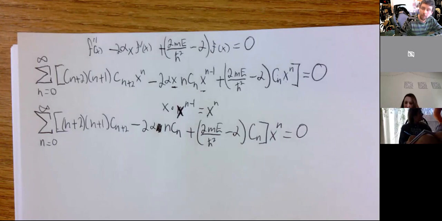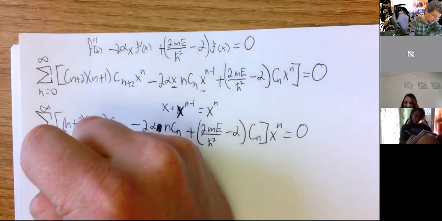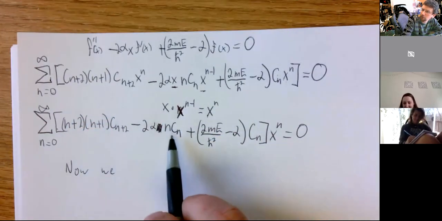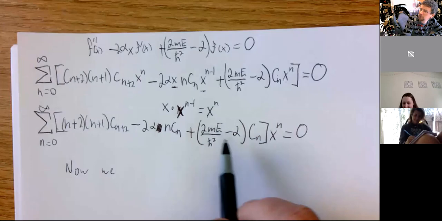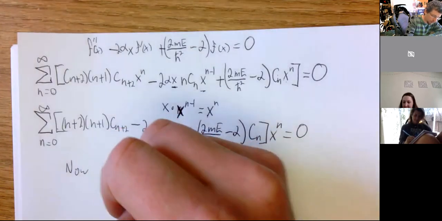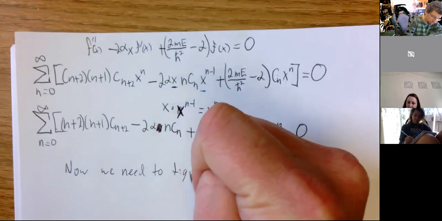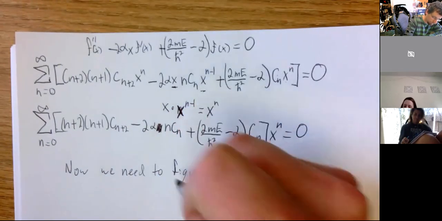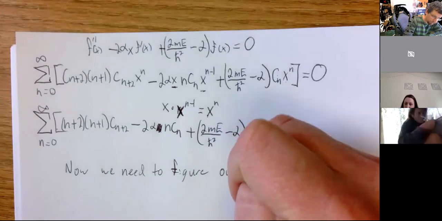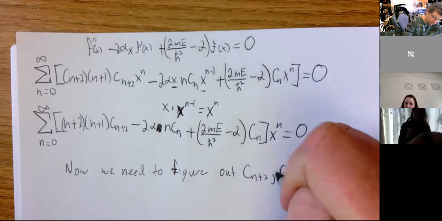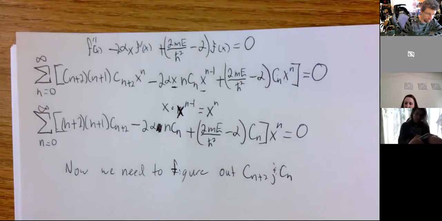Okay. So now what we need to do is figure out these coefficients. If we figure out these coefficients, we'll know everything there is about this equation. So now we need to figure out Cn plus 2 and Cn.